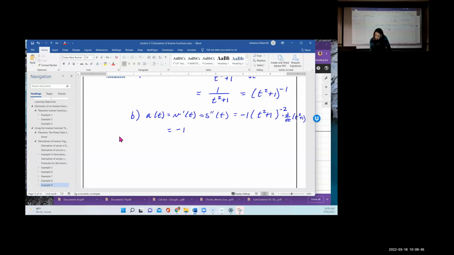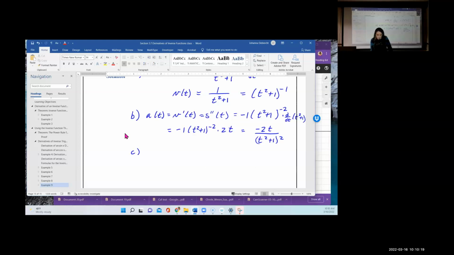So I have -1 times t squared plus 1 to the -2 times 2t. Now the -2 exponent can drop to the denominator because it's negative, but the -1 and the 2t stay put in the numerator, over t squared plus 1 quantity squared. So these are my two formulas for the velocity and for the acceleration.